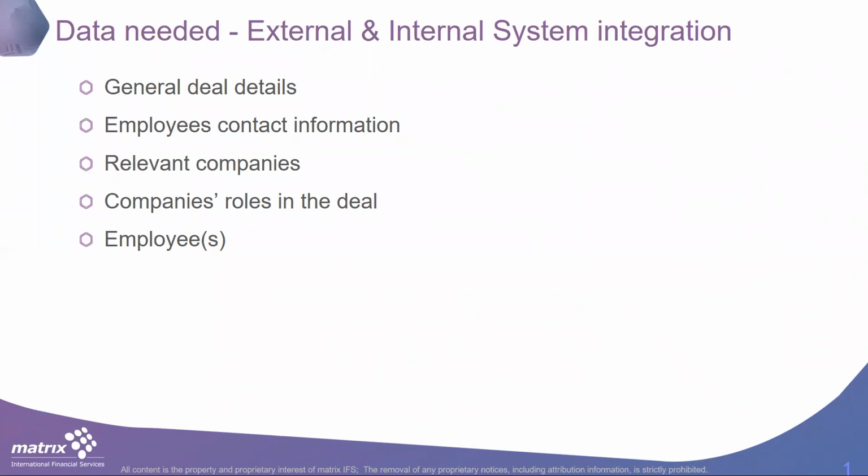Contact information, for example, for employees who are referenced in this deal, who are brought in over the wall, the relevant companies involved in the deal and their details, if they should be added on certain lists or not, etc. Finally, the employees that are connected to the deal, with their relevant information, and giving them the entitlement for different wall crossing permissioning. Also, what we found here is that often employees being brought into the deal from different departments do not have permission to see some of the data or to access some of the systems that are relevant to the deal.